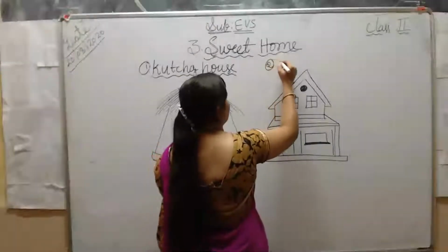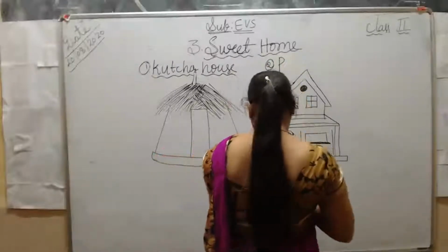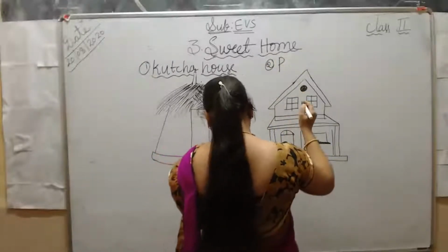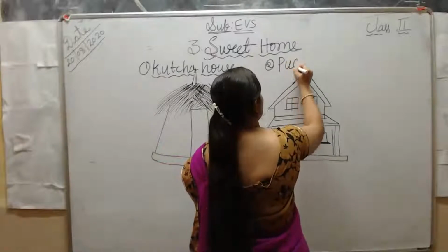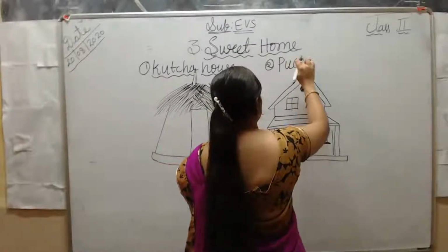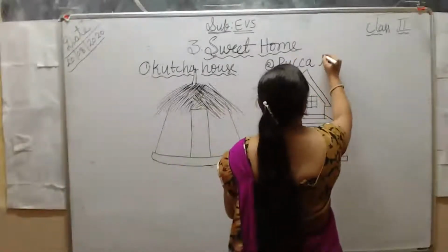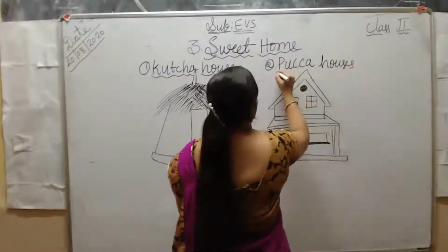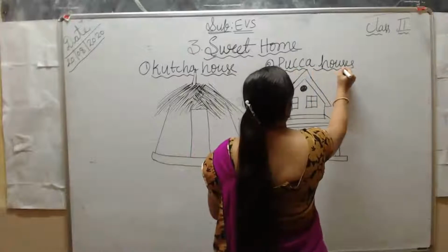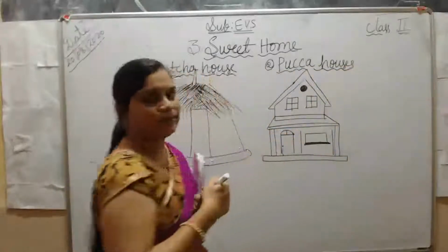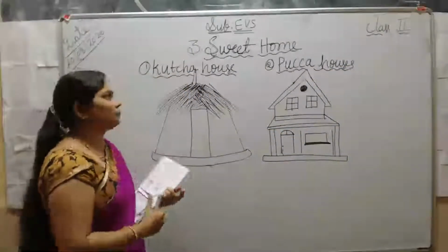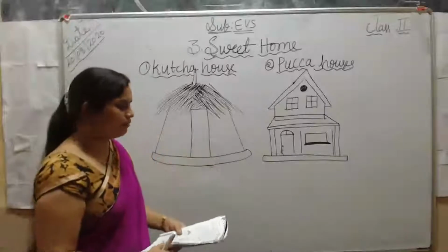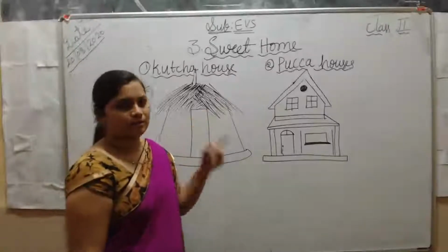Second one is Pakka house. Students, how many types of houses are there? First one is Kacha house and second one is Pakka house.